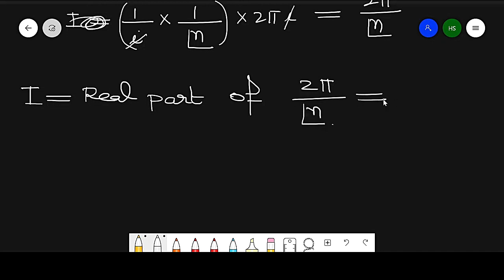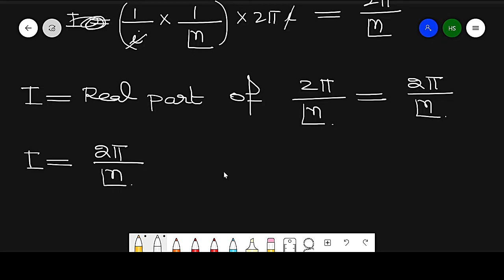What is its real part? It is 2 pi by n factorial. So I, the integration, is equal to 2 pi by n factorial, which is our result, the right hand side. So this proves our result. In this way, we can find the value of this equation.